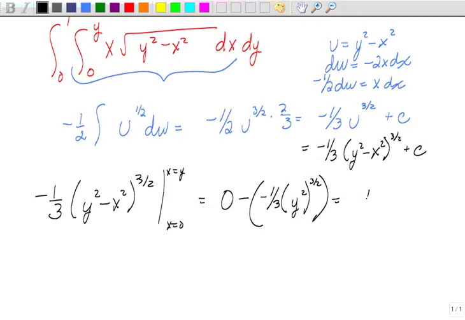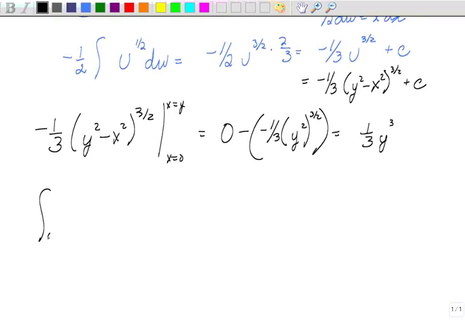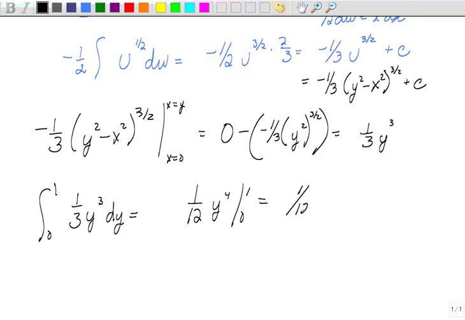So that's going to be 1/3 y cubed. Then I'm going to integrate 0 to 1 with respect to y, and that's 1/12 y to the 4th, 0 to 1, which is 1/12. Okay, so you see in this example, one way to integrate is easier than the other way.